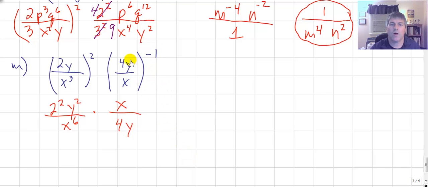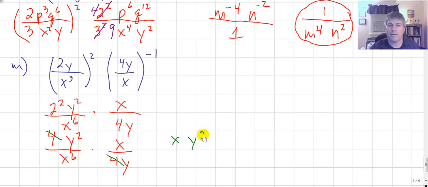So that negative 1 flips that fraction. So I have 4y squared over x to the 6th times x over 4y. Since I'm multiplying, the 4's cancel, and I'm going to be left with x y squared all over x to the 6th y.